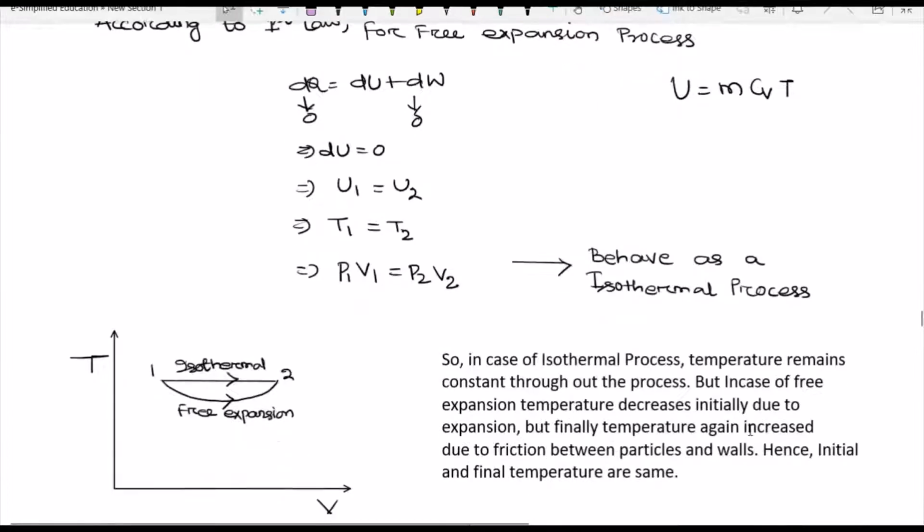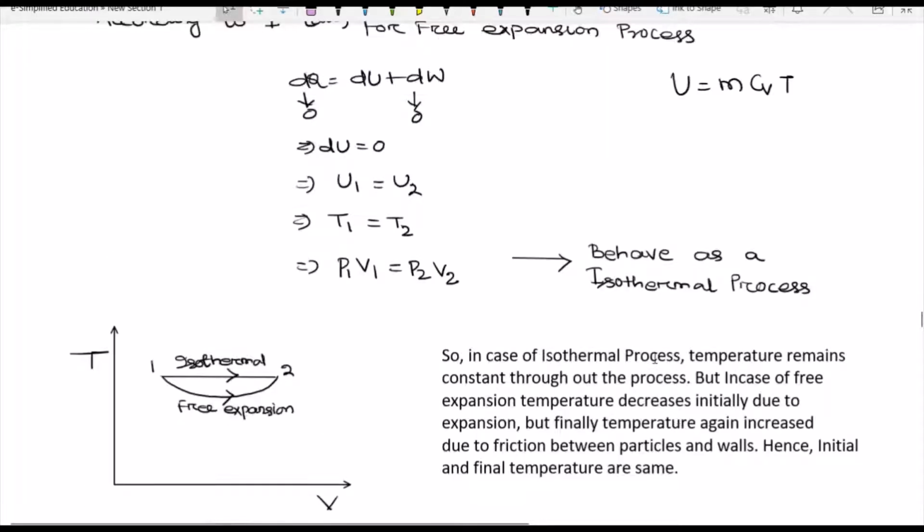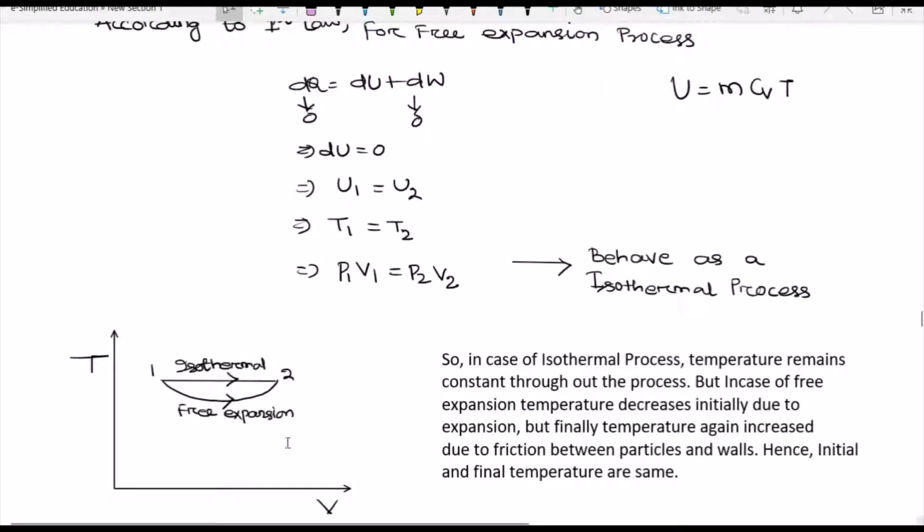Next, coming to the curve. If this is a TV diagram, then 1 to 2 is an isothermal process, and 1 to 2 in this path will be free expansion. It is similar to an isothermal process, but it is not the actual isothermal process.